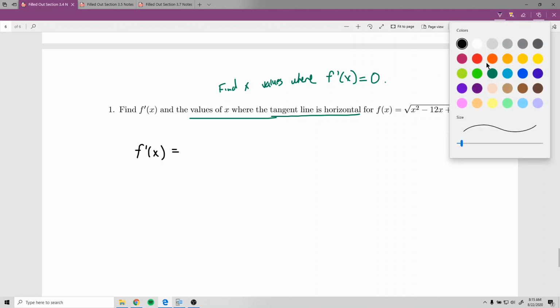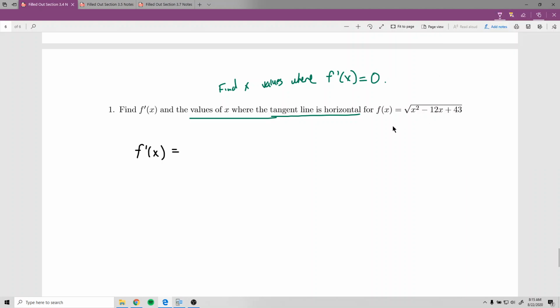What I'm going to do is just like before when we dealt with the square root, rewrite this as the 1/2 power. Oops, minus 12x, not plus. So always rewrite the radicals as powers when you're dealing with derivatives.